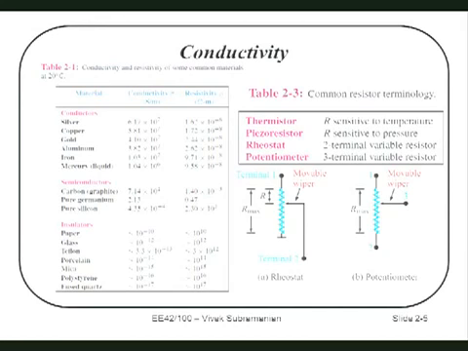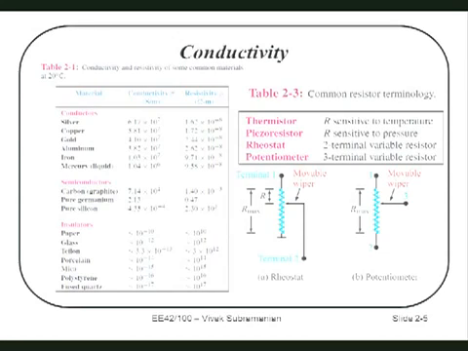Okay, so that's a quick side note on material properties. There are also some interesting applications that we should talk about. We often use resistors to make specific structures. For example, we make a specific resistor called a thermistor.